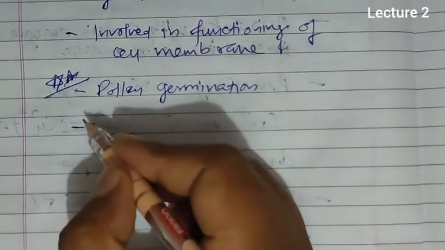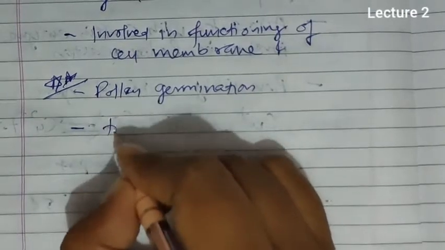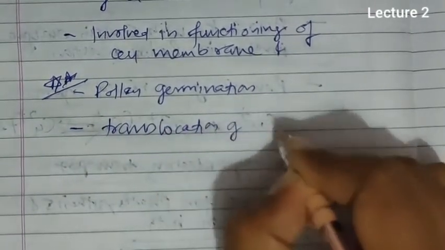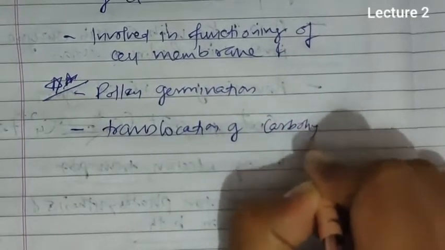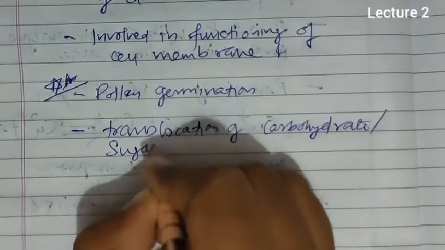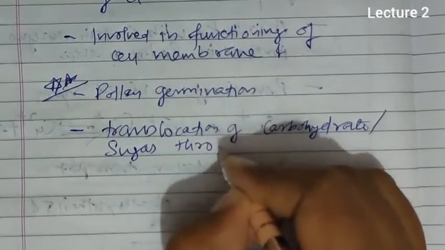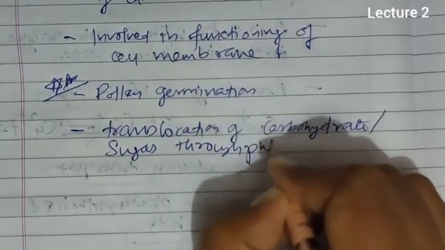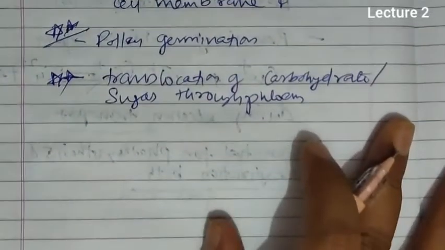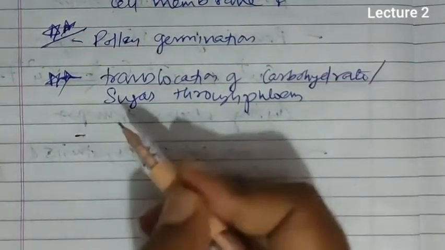Next important point is translocation of carbohydrate or sugar through phloem. This is also important. For this they also ask, translocation of sugar is carried out by boron.